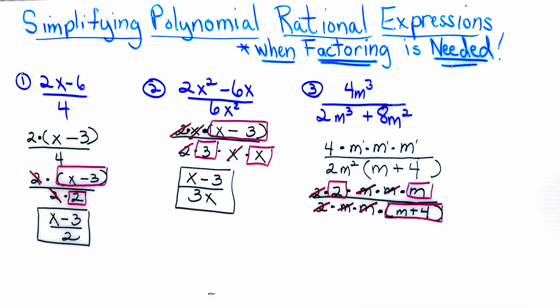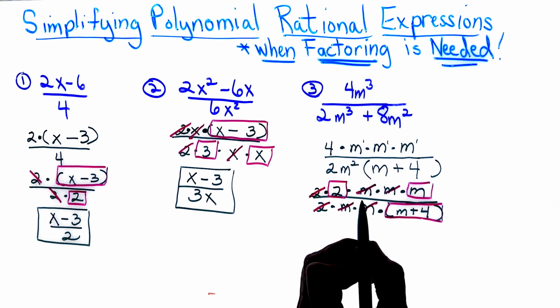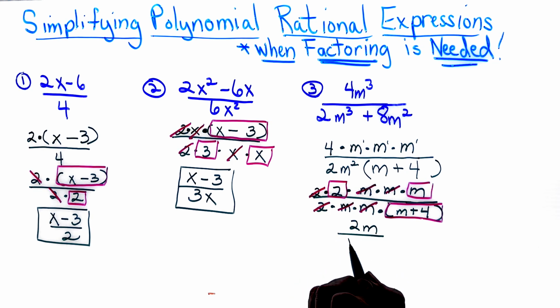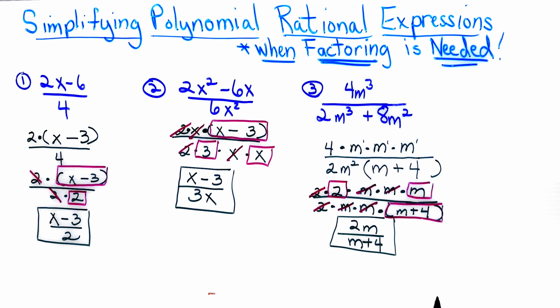So now, remember, we have a times sign between the 2 and the m, so that is 2m over my m plus 4. And because this is a plus sign, not multiplication, we cannot simplify any further. There is our answer in simplest terms.